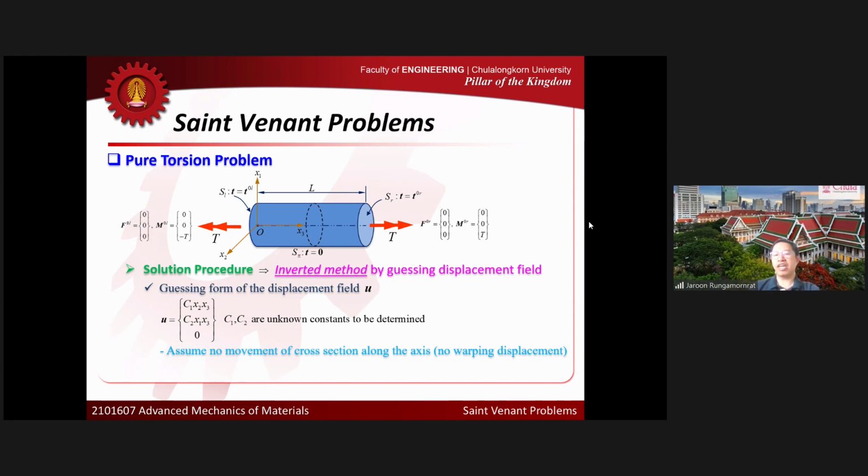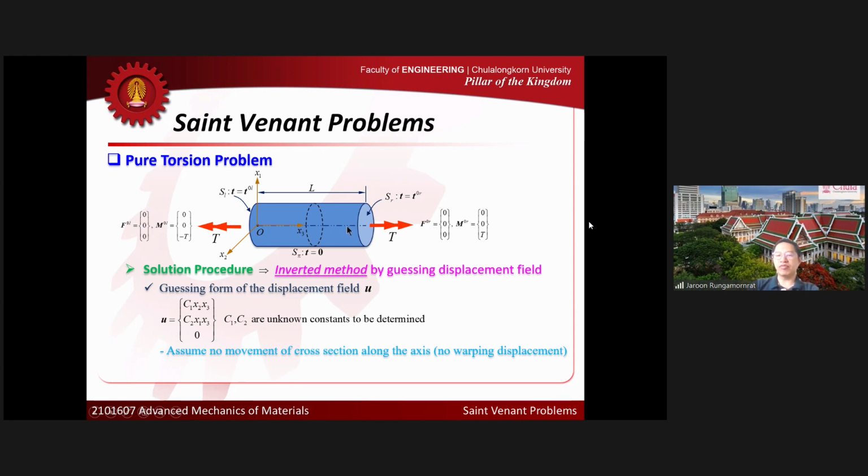Because we assume that there is no movement of the cross section along the axis, we say that there is no warping displacement. The warping displacement is the out-of-plane displacement, the displacement normal to the cross section of the body.